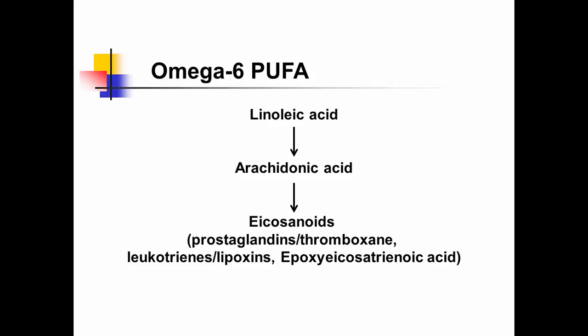So here, arachidonic acid can be synthesized from linoleic acid, and arachidonic acid is a very important substrate for the synthesis of eicosanoids, including prostaglandins, thromboxanes, leukotrienes and other mediators.